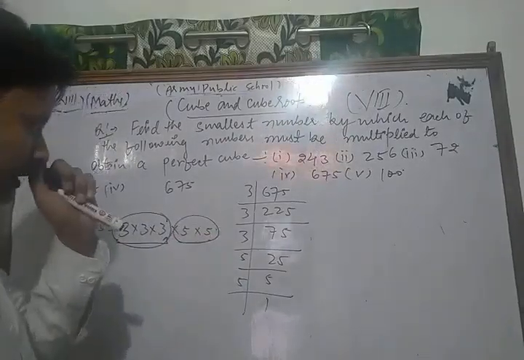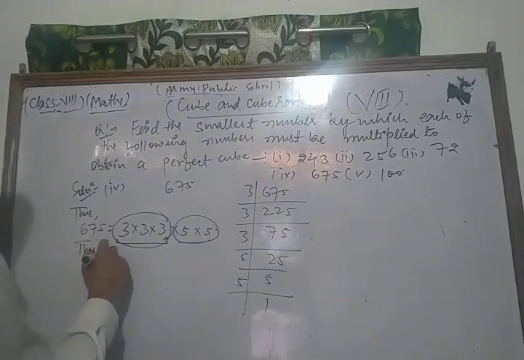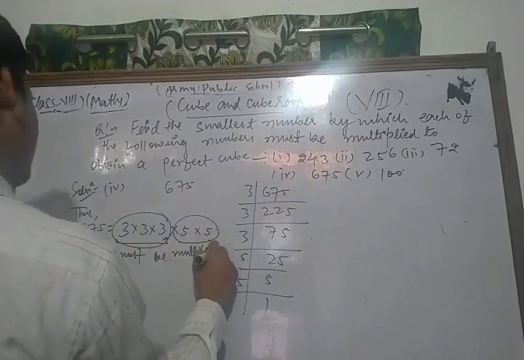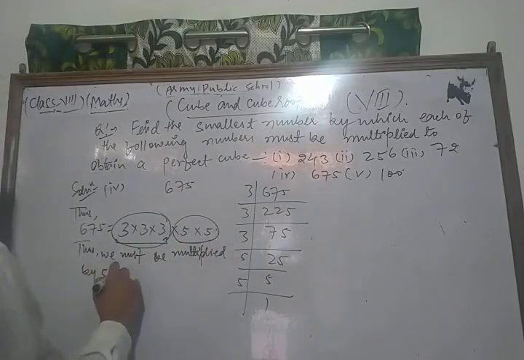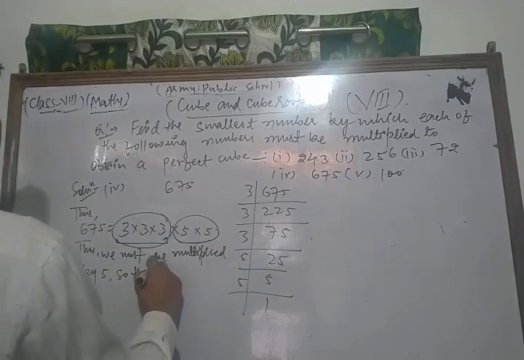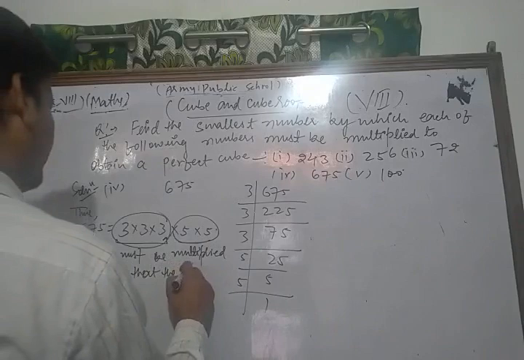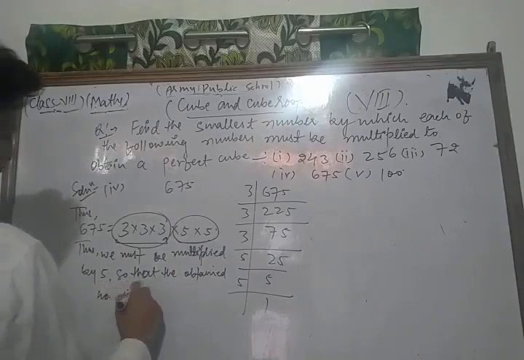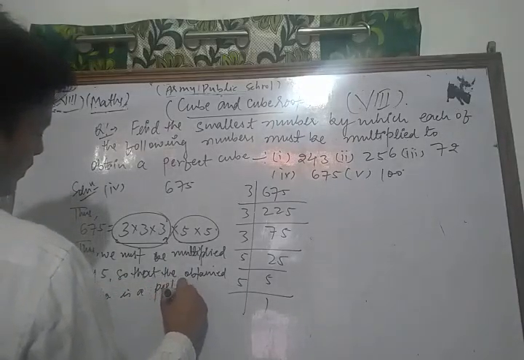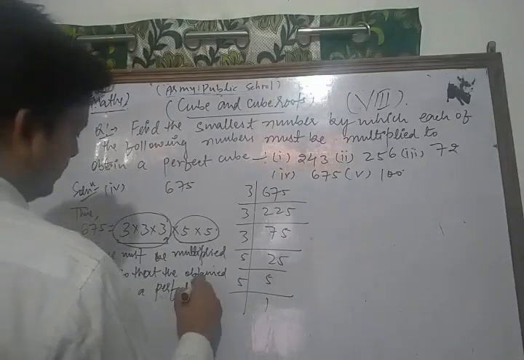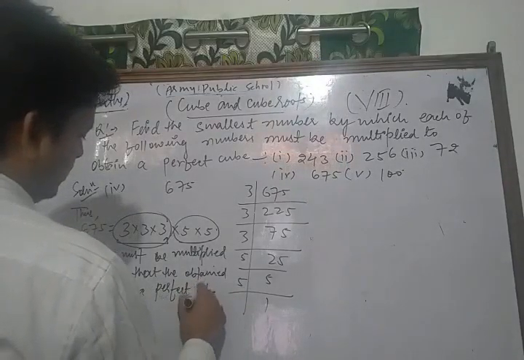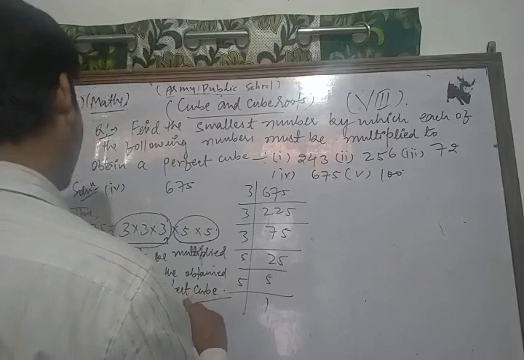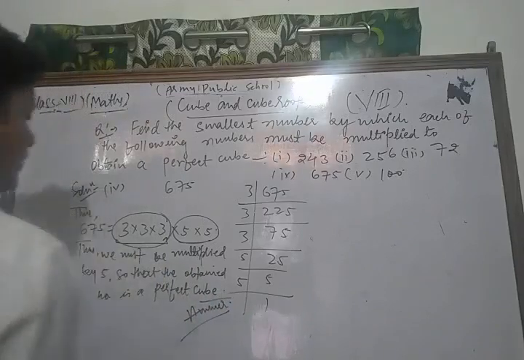So we must multiply by 5 so that the obtained number is a perfect cube. This is the required solution.